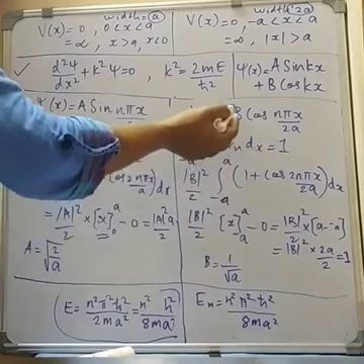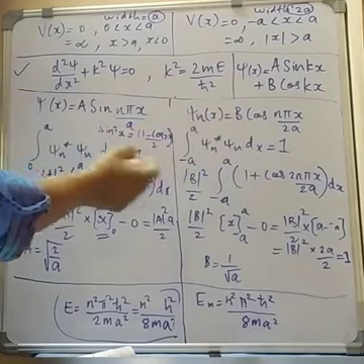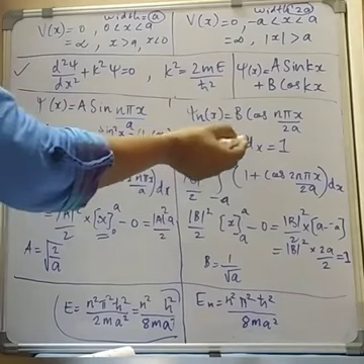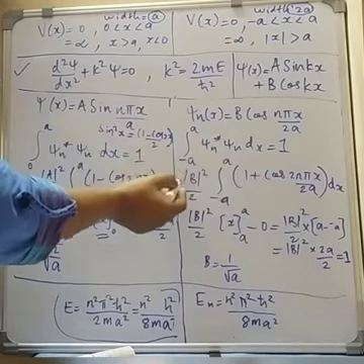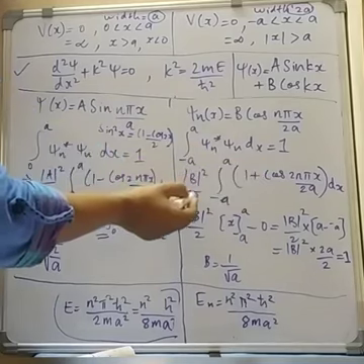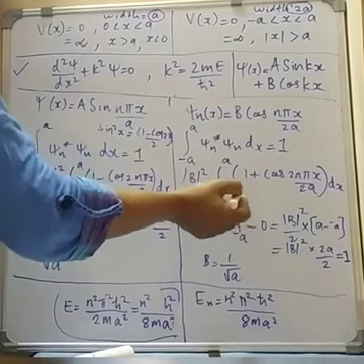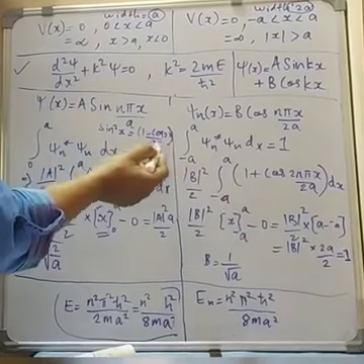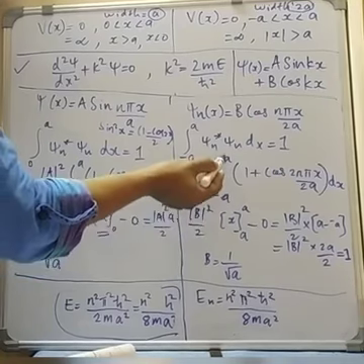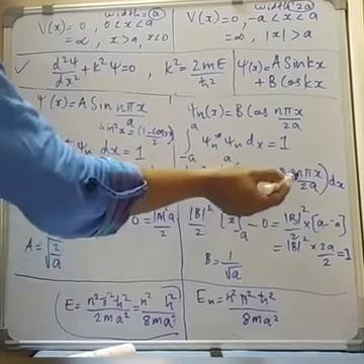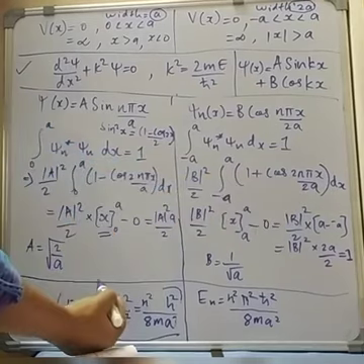So here we have the constant b. In a similar way we have a cos square here, so we have 1 plus cos 2x. So mod b square divided by 2, this 2 is taken outside, the integral from minus a to plus a of 1 plus cos 2 n pi x by 2a dx.